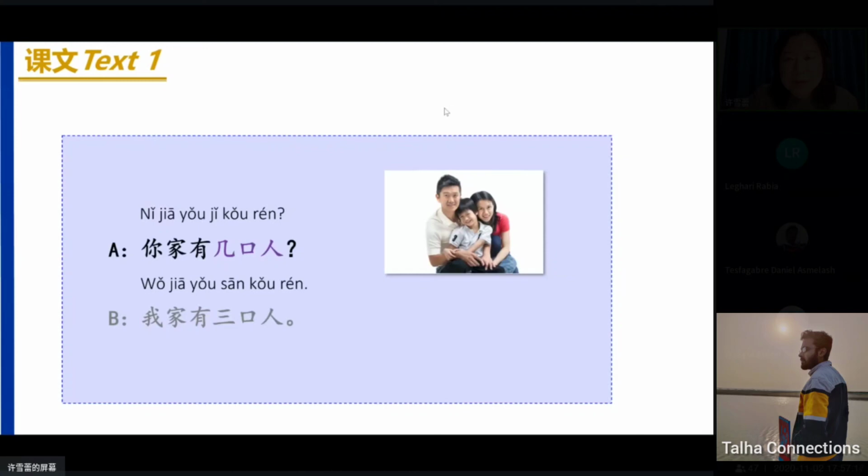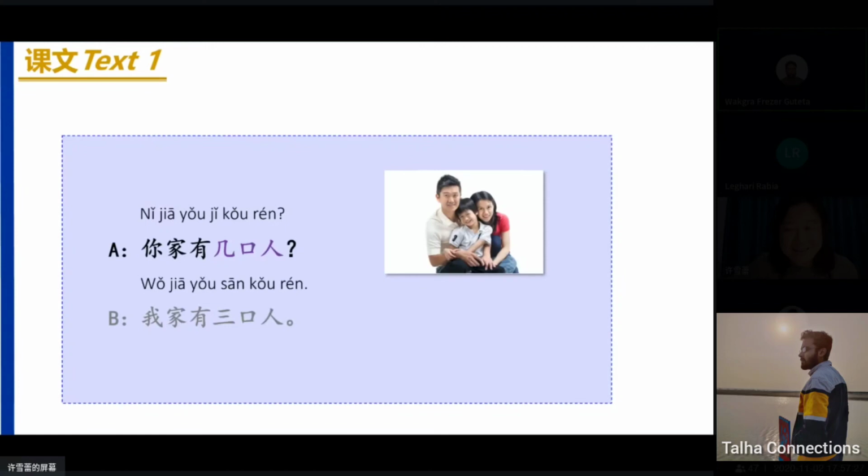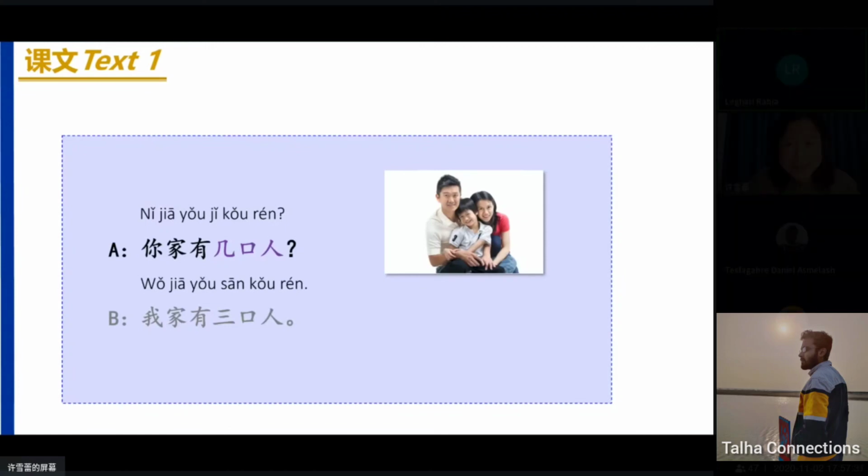Remember, you need to read the numbers from 0 to 100, right? The first assignment is to read the numbers from 0 to 100.